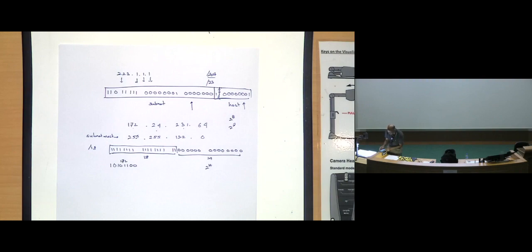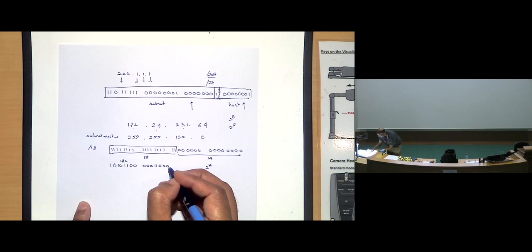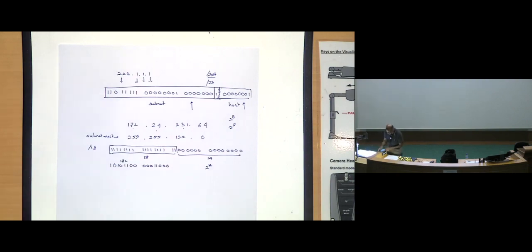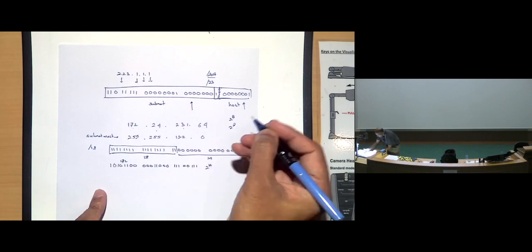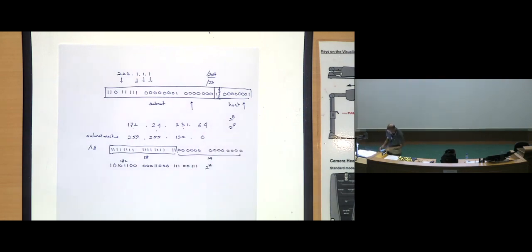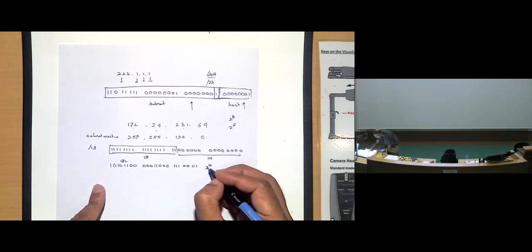I should be able to do 24, but still. Three zeros, 1, 1, and then 3 zeros, and then 231. That I can't do. 3 ones, 2 zeros, 3 ones. And then 64, that one I know, but sorry.